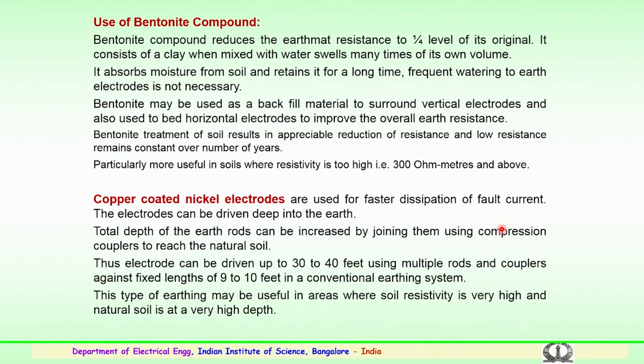The electrodes can be driven deep into the earth, and the total depth of these copper coated nickel earth rods can be increased by joining them using compression couplers to reach the natural soil. Thus the electrodes can be driven up to 30 to 40 feet in general by using multiple rods and couplers, against fixed lengths of 9 to 10 feet in a conventional earthing system.